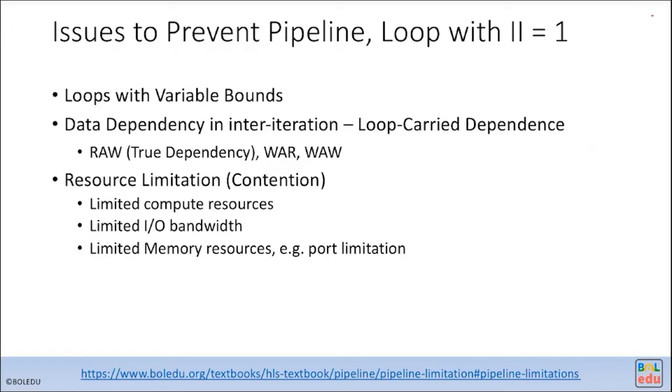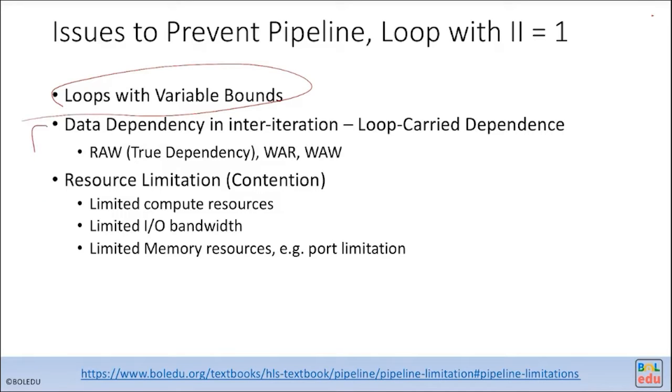Okay. Next, we work on more detail on how we do the pipeline. There are issues that prevent the pipeline, which we already talked about in the previous lecture. First, we try to avoid the variable bound.